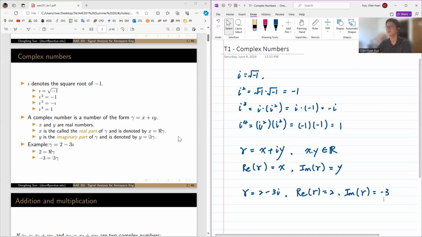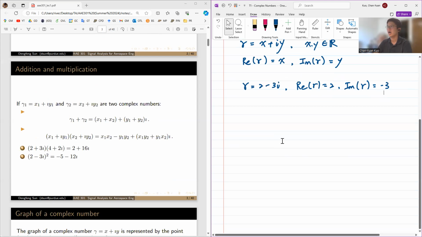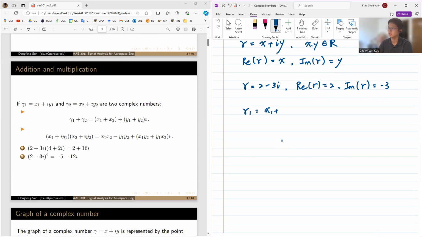Okay, now let's see how we can do addition and multiplication on complex numbers. So first, let's look at these two complex numbers, gamma 1, which is equal to x1 plus i y1, and gamma 2, which is equal to x2 plus i y2.